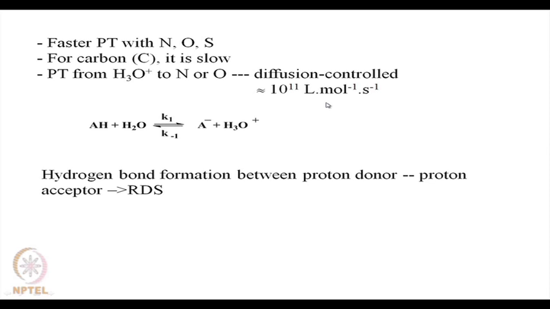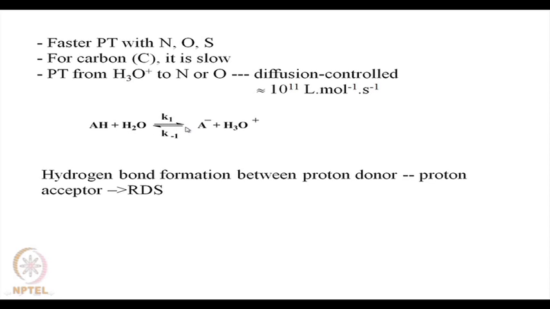So, basically it depends on how fast these interacting substances are coming close to each other, and that is limited by their diffusion. That is why it is called diffusion control, and the rate is 10 to the power 11 liter mole inverse second, very fast. So, you see that AH is an acid, H2O is the base.